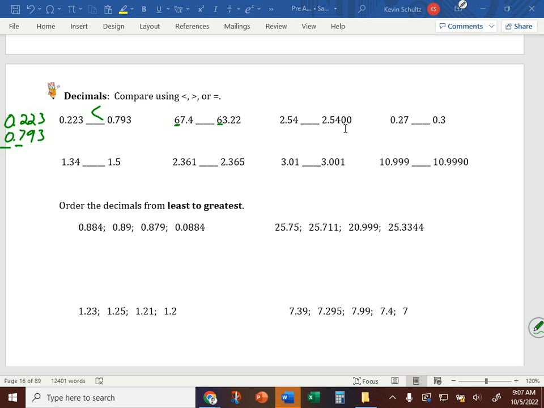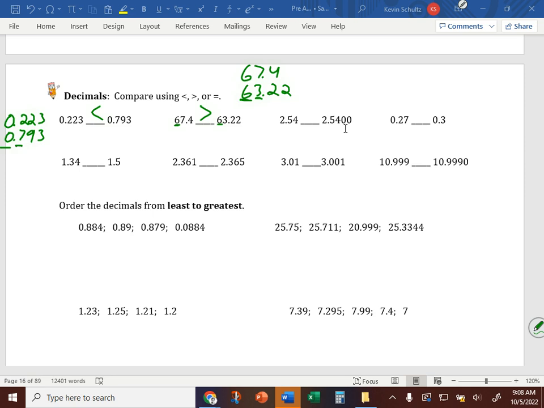Greater than, right? 67.4 is greater than 63.22. If you're not sure why I'm saying that, well, again, looking at that stacking method, we have the same number of tens, so we move on. We get to our ones, and one's got 7, the other one has 3. Doesn't matter what comes after that. 7 ones will be greater than 3 ones when your tens are the same. Okay?